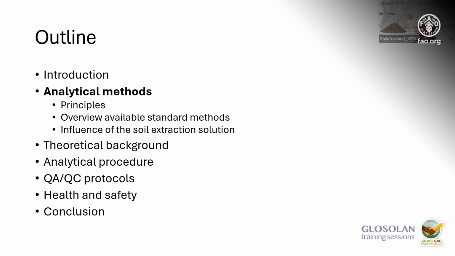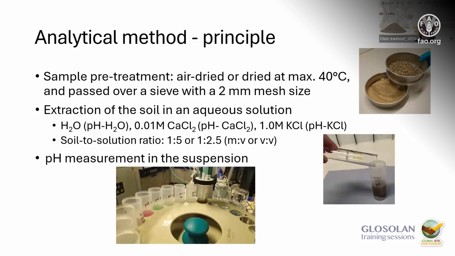If we look at the analytical methods that are available to determine the pH in the soil, the basic principle described in all the procedures is that, first of all, you do a sample pre-treatment. The soil is air dried or dried at a maximum of 40 degrees C, and then passed over a sieve with a mesh size of 2 millimeters. That is generally applied over all the methods. Subsequently, you do an extraction of the soil in an aqueous solution, and this solution can differ.